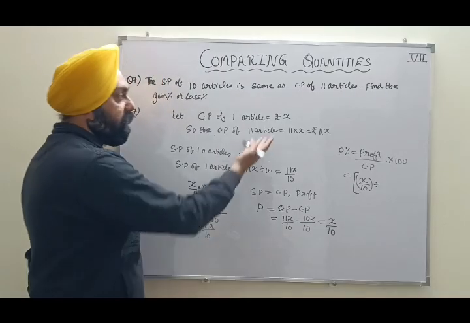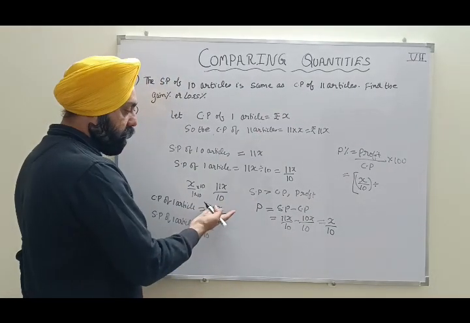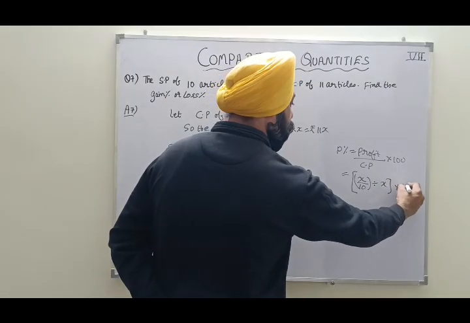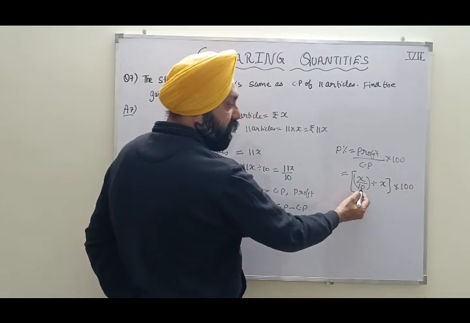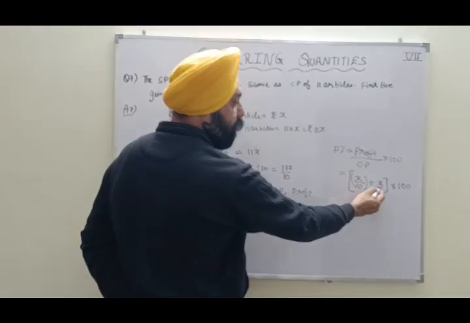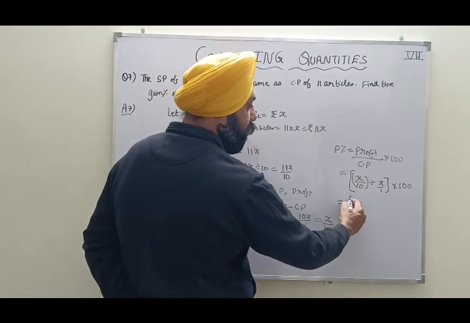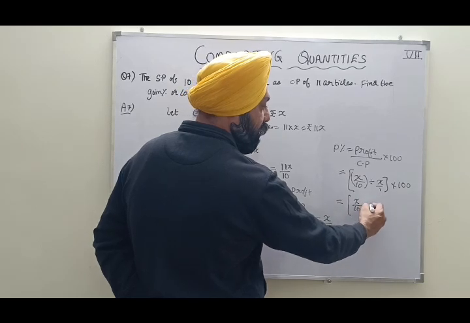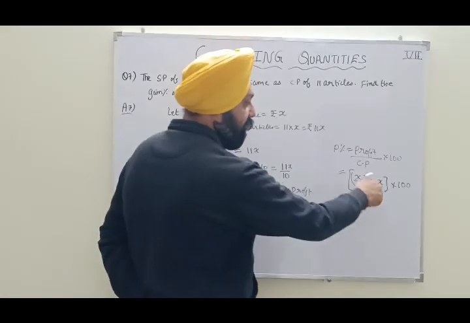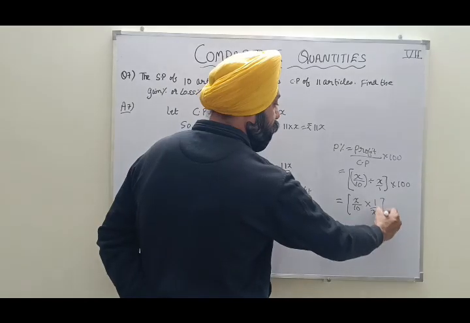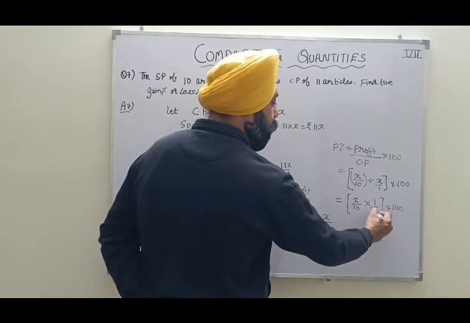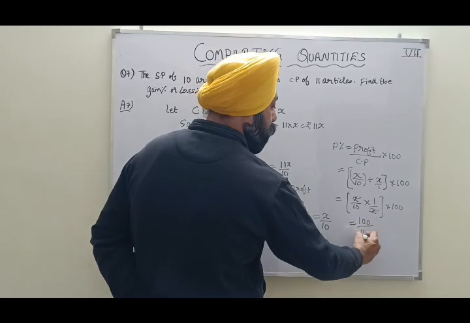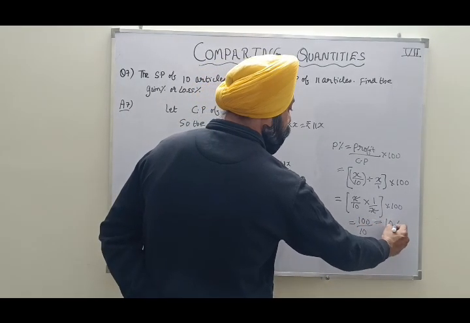You can either take it like X or take this one, so I am taking X, into 100. Again, this is a fraction, so we can convert it by putting 1 as the denominator. Whenever fractions are divided, the first fraction remains as it is, divide gets converted into multiplication, and we take the reciprocal, so it is 1 by X. This into 100. So X and X cancel out. So we have 100 upon 10. So the answer is 10%.